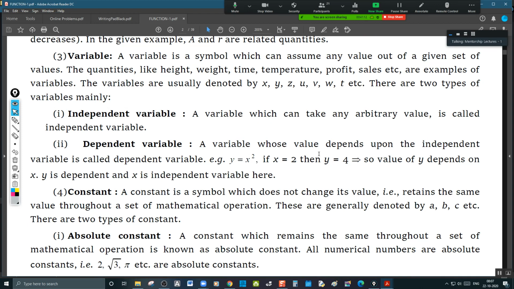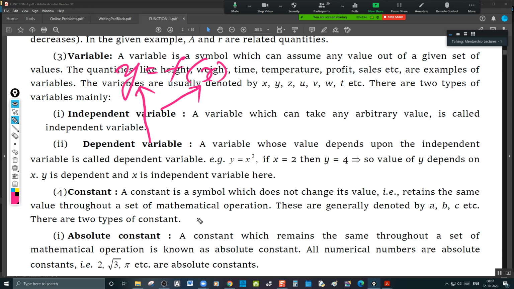independent variable, dependent variable. This you must know. What is an independent variable? What is a dependent variable? If you take a function in the form of y is equal to f of x, x is independent variable and y is dependent variable.